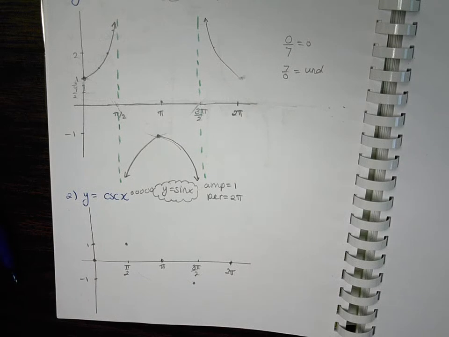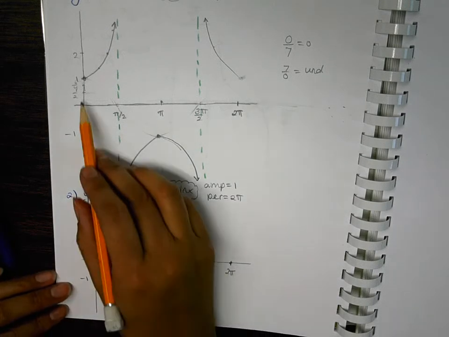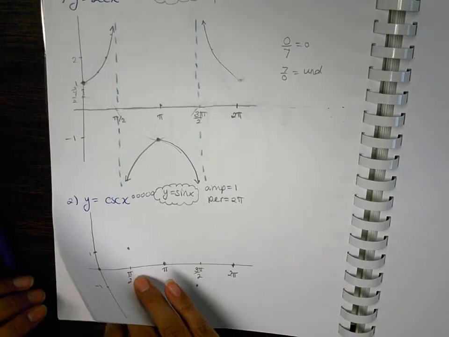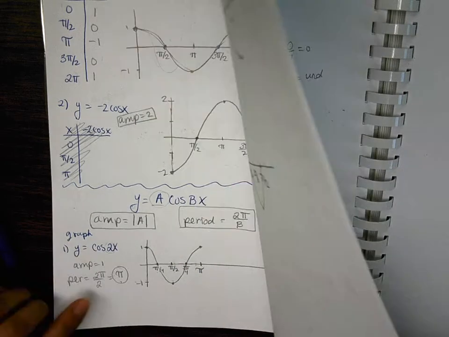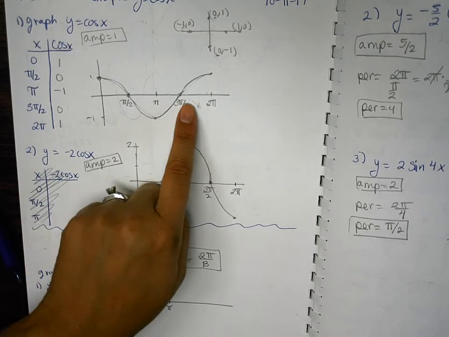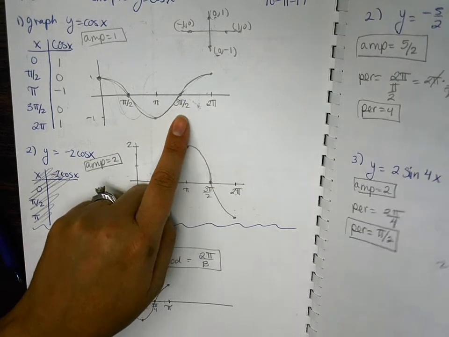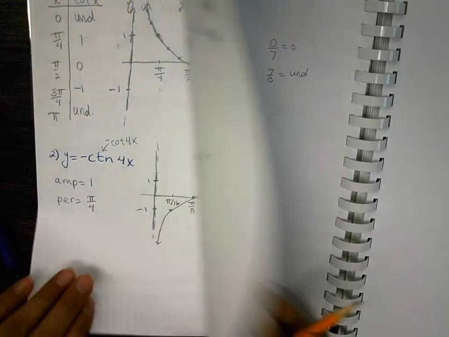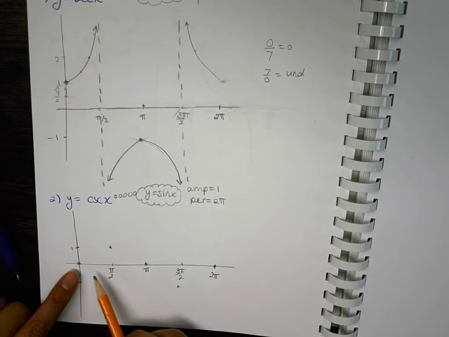All right, how many zeros did we have on the original cosine graph? How many zeros do we have on a cosine graph? 2. Is that always true for cosine graphs in one period? Yes. So, how many zeros do we have on a sine graph? 3. Do you see the 3 zeros here?